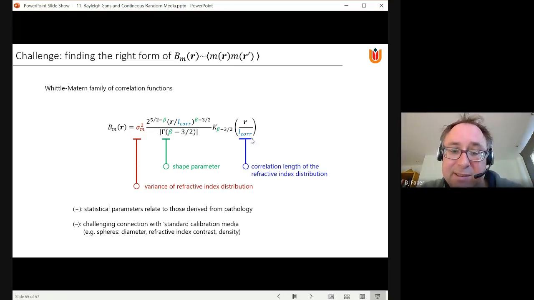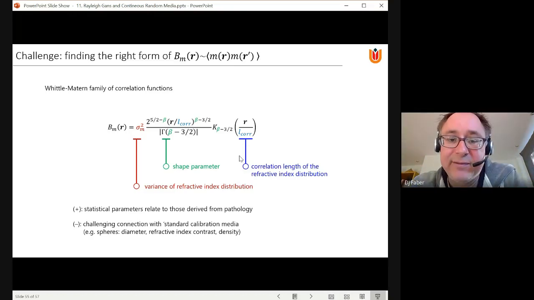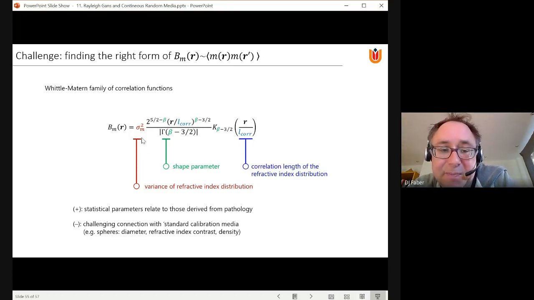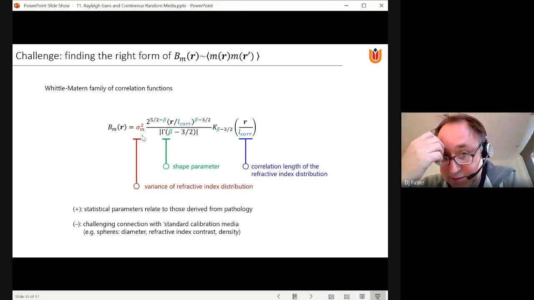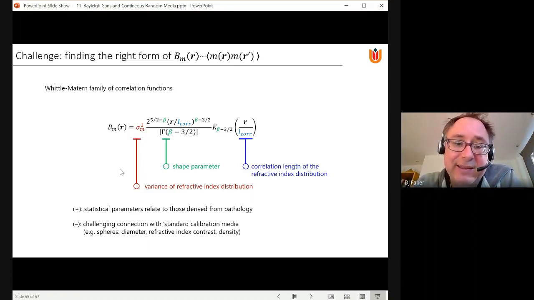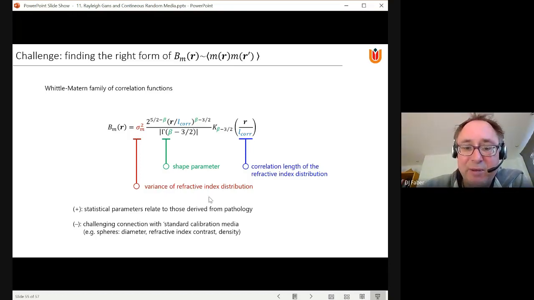If the image is really self-similar over a very long distance, then we can estimate that the correlation length that goes in here will also be long. If we see a lot of intensity fluctuations in this image, then we can also expect that the variance of the index distribution will be very high. So we can probably assess some of these parameters directly from pathology, which is good news.